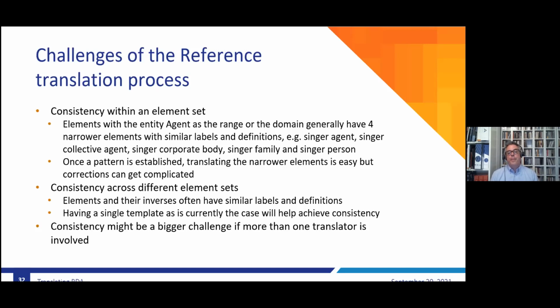So one of the advantages of having a single template now is that it will certainly help in that regard, because we won't have to navigate across different files to check for consistency. And of course, consistency is a bigger challenge when more than one translator is involved.